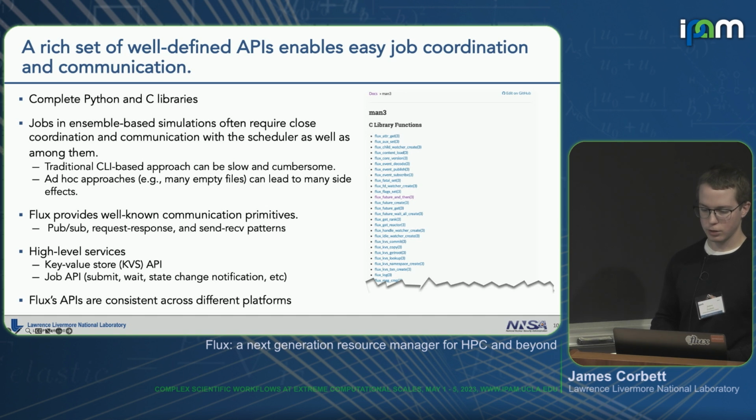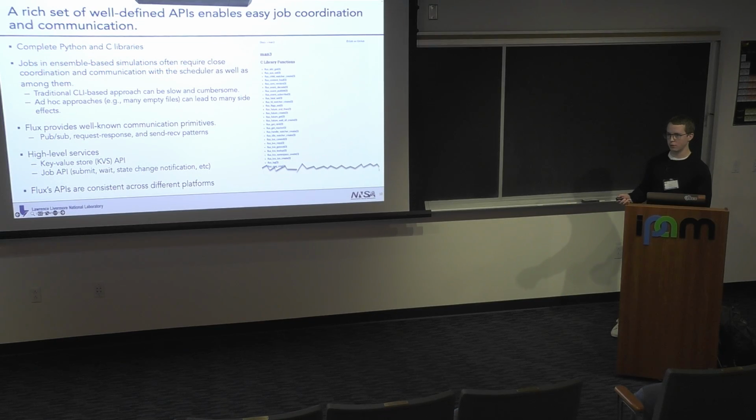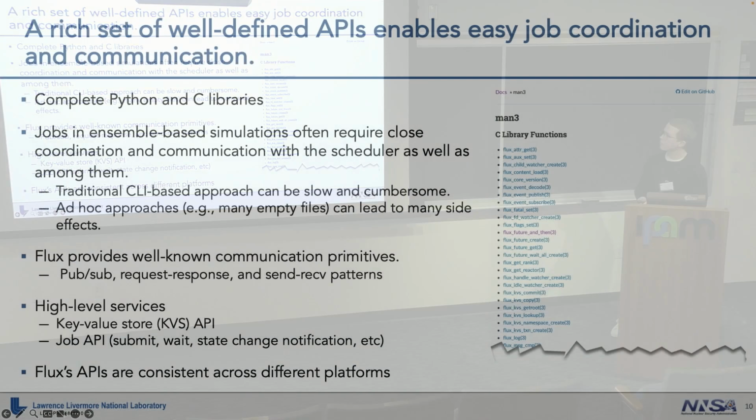There are also functions for getting and adding information to Flux's key-value store, and much more. But the main attraction for workflow tools is usually the job manipulation functions. And here on the right, you can see some of the many, many functions we offer in the C interface for manipulating jobs and interacting with Flux in other ways.